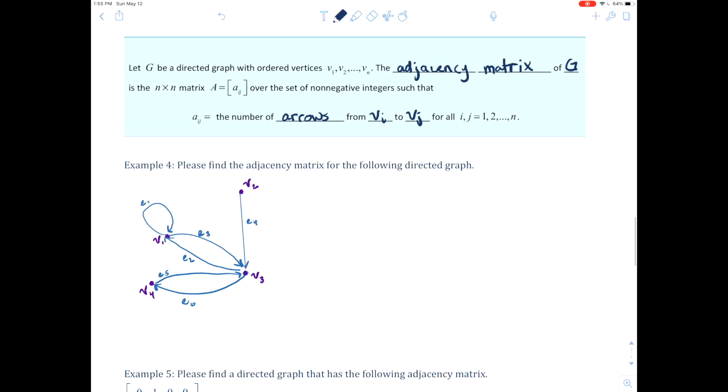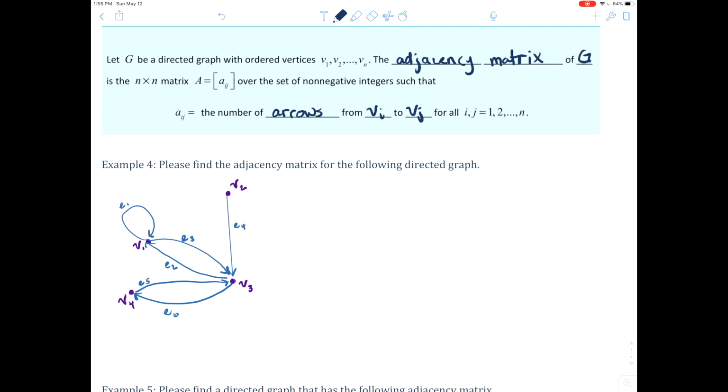So, taking a look at this one here, what do we have? I know it looks a little bit confusing. Remember, this is a directed graph, so there definitely is a specific direction these arrows are going. Basically what we need to know is, is there an edge going from V1 to V1?